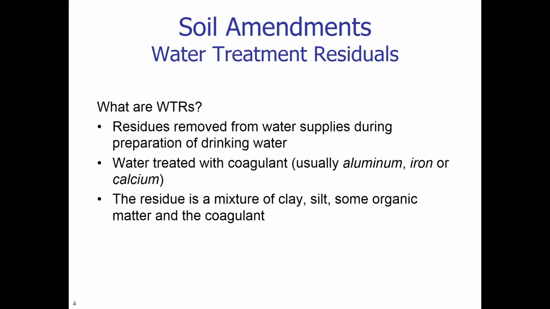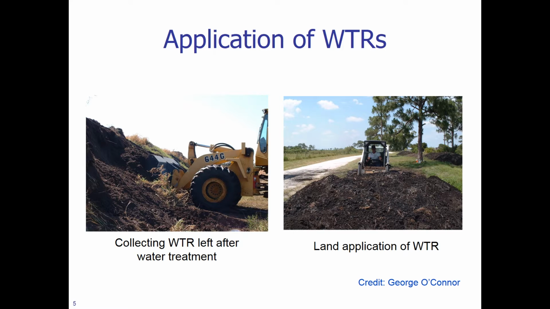The water is treated with a coagulant, usually aluminum, iron, or calcium, and the residue is a mixture of clay, silt, some organic matter, and of course the coagulant. When the coagulant is aluminum, it is normally referred to as aluminum water treatment residual.